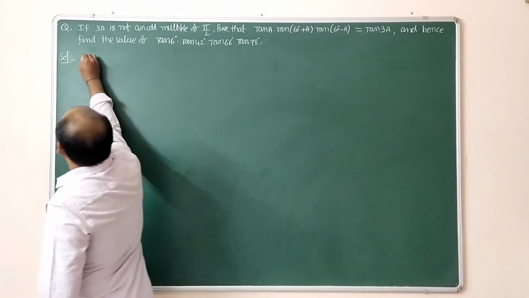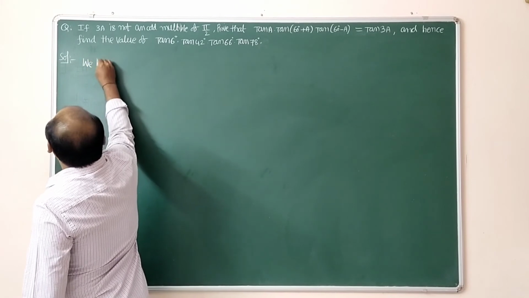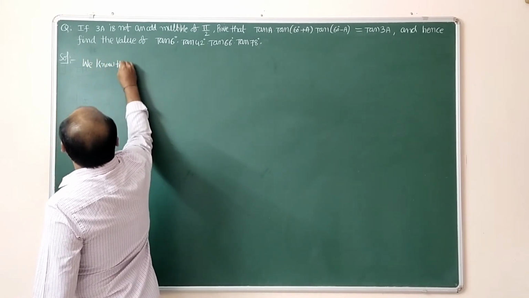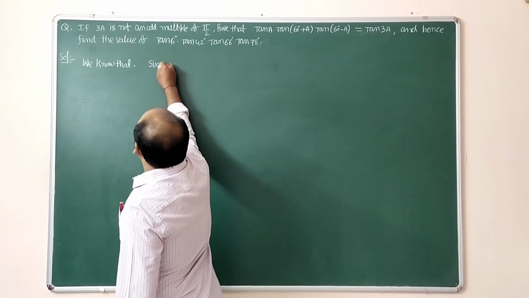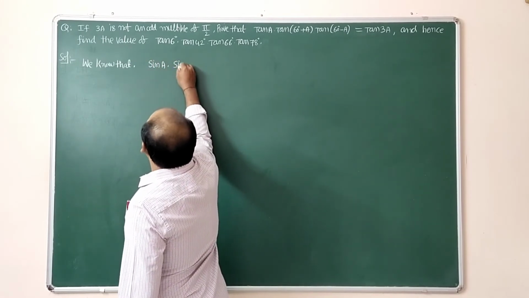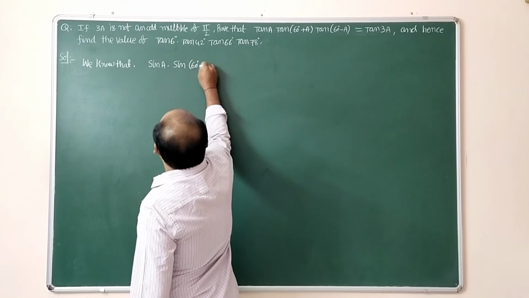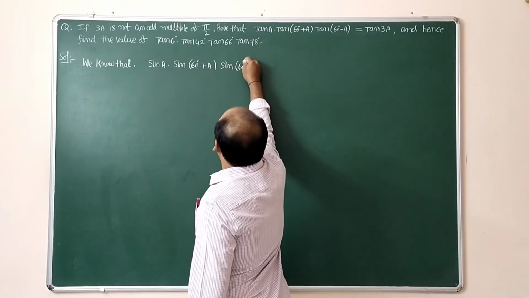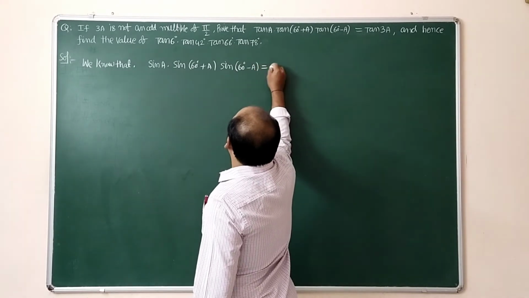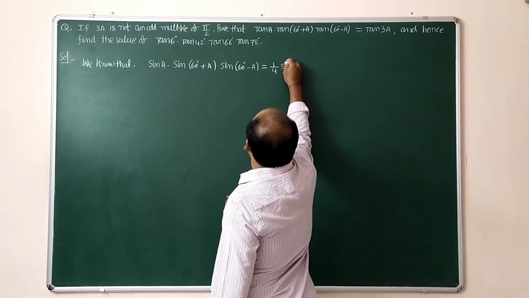We know that sine a into sine of 60 plus a into sine of 60 minus a is equal to 1 by 4 into sine 3a.